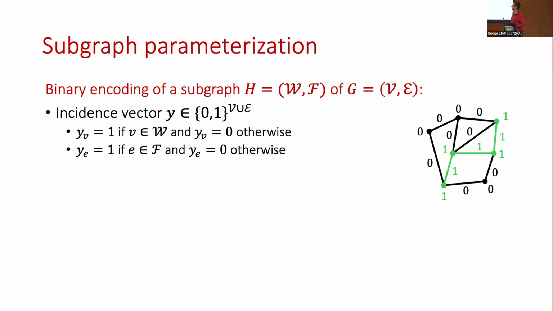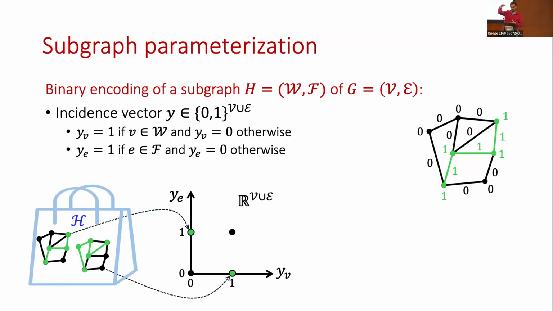It's essentially a binary encoding of the subgraph. So this allows you to map this list of admissible subgraphs into some high-dimensional space where you have one coordinate for every vertex and one coordinate for every edge. And subgraphs are potentially vertices of the hypercube in that space.